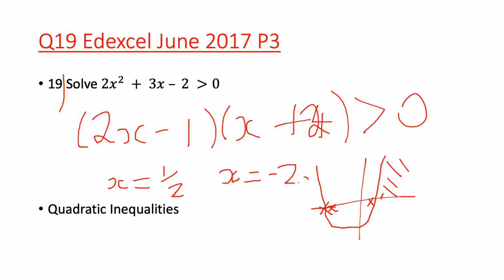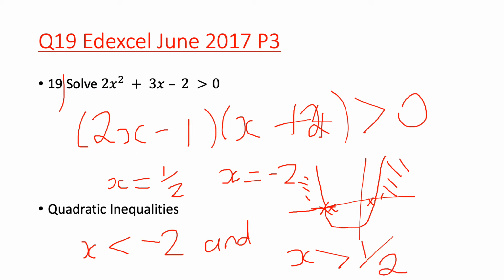So it's all these points here and all these points here. So x is less than minus 2, because that's everything smaller than minus 2, or x is bigger than a half. So they are my two solutions to the inequality.